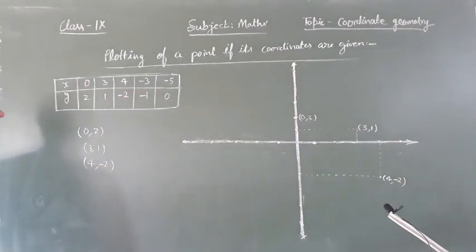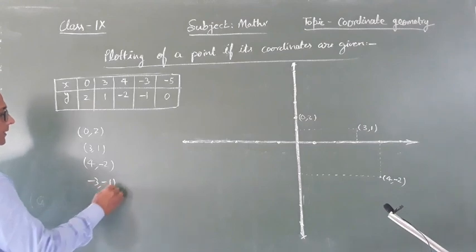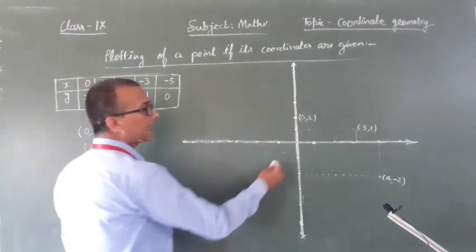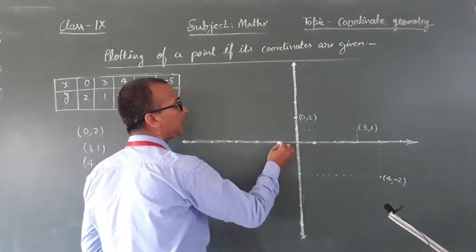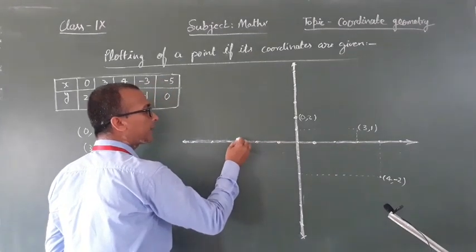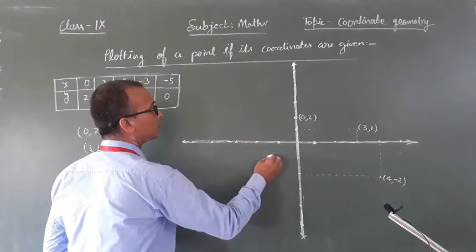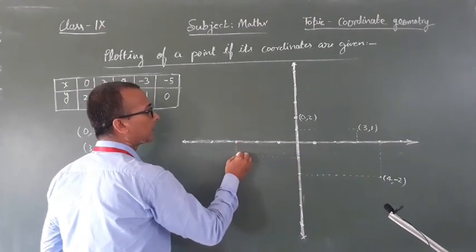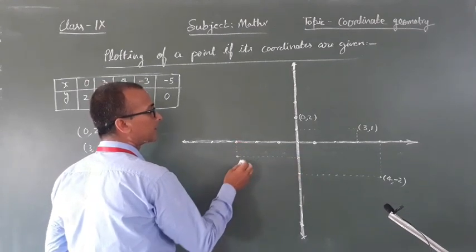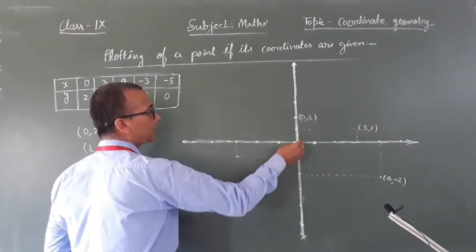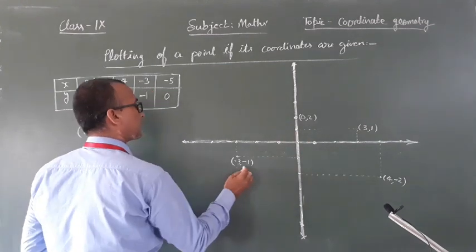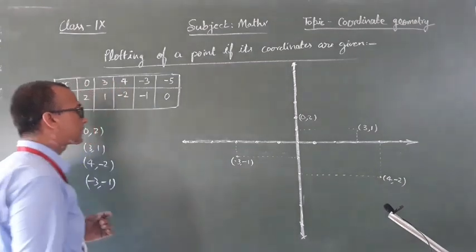Next point is (-3, -1). On the x-axis the value is -3, and on the y-axis we have to go 1 unit in the negative direction from the origin, that is downward, and this is (-3, -1).